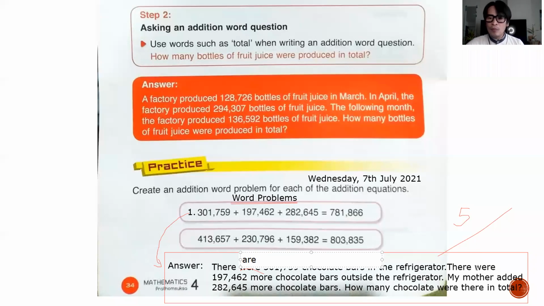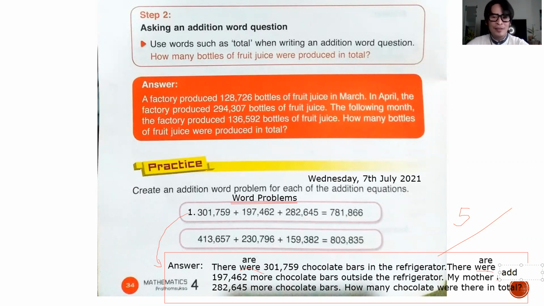And for the other one, "my mother added", you can change it to "adds" with S, singular. The teacher is not teaching English, the teacher is teaching math. So if you have minimal mistakes, I accept it.